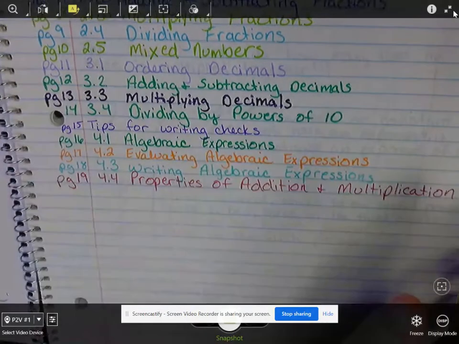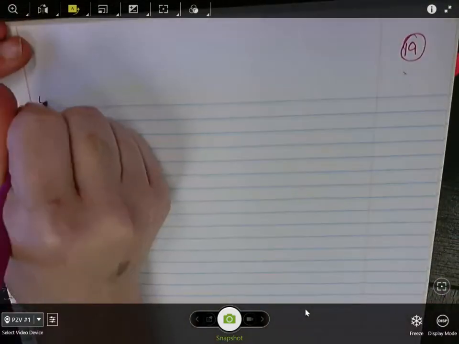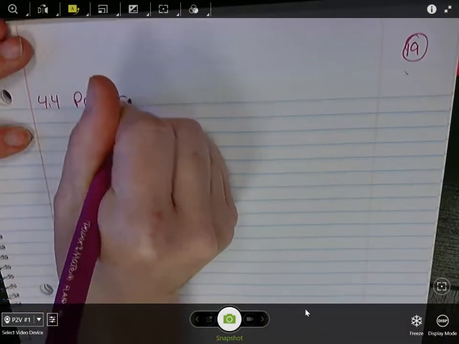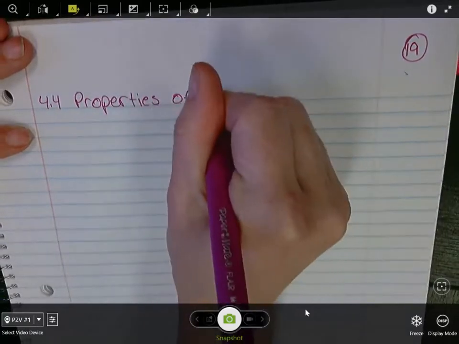So 4.4 properties of addition and multiplication. 19 in the upper right corner. And at the top you need to put 4.4 properties of addition and multiplication.